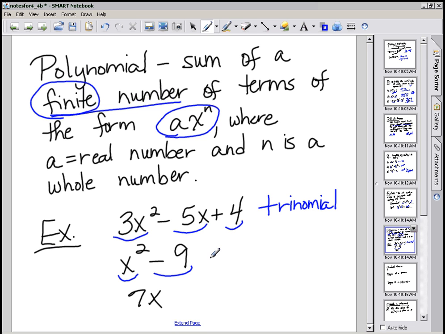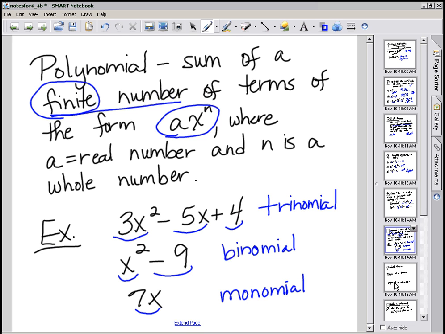And so when we have 2 terms in a polynomial, it is called a binomial. Seven x is a polynomial. It is just a one-term polynomial, so that is called a monomial. Now anything that has more than 3 terms we just call a polynomial.